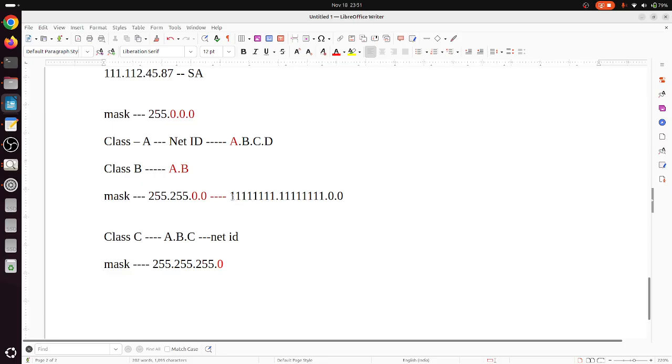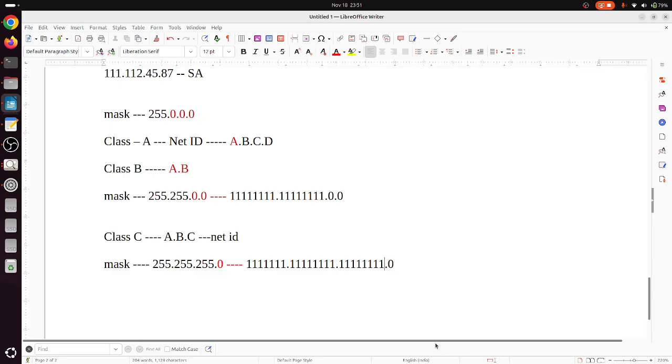If I expand it, it is continuous 24 ones followed by 8 zeros. So this is your mask.